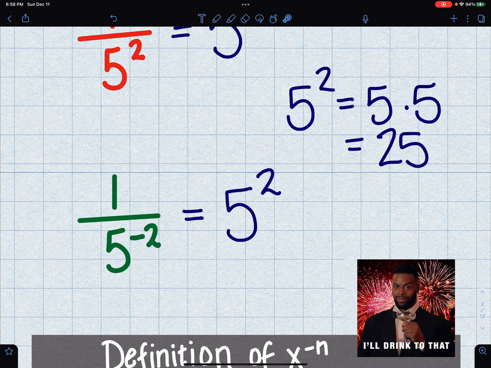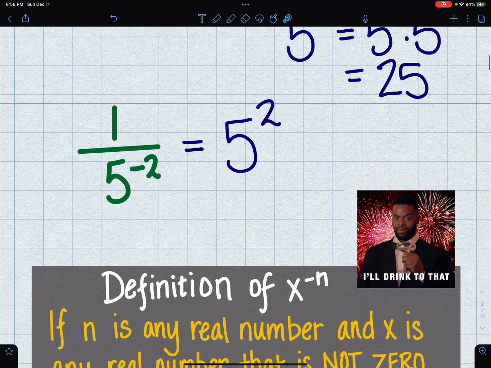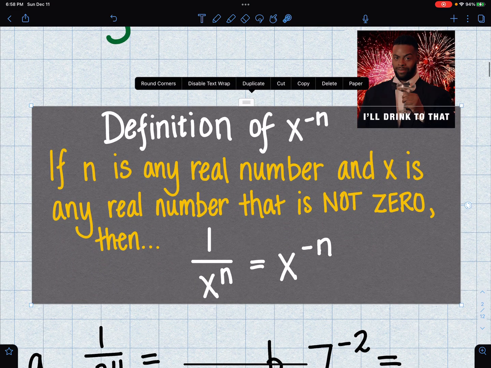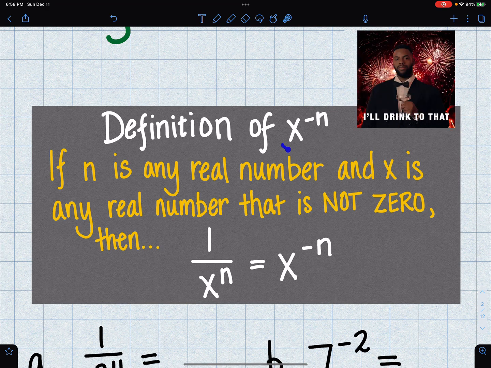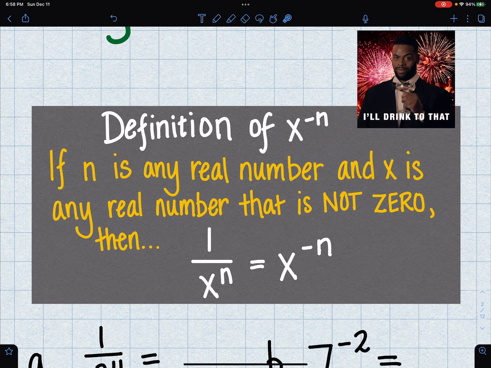So the formal definition of negative exponents, I've got this little GIF there because this is the formal way of doing this. The definition of x raised to the negative n power, this is it.